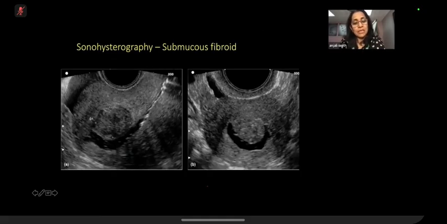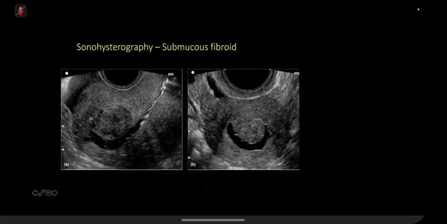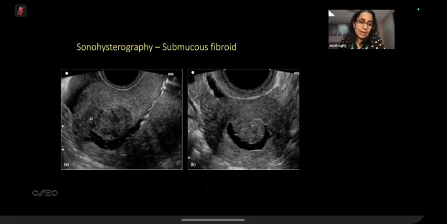Essentially what we do is we introduce a catheter, position it in the cervix, and instill normal saline into the uterine cavity, and simultaneously do a transvaginal scan. So endometrial abnormalities like endometrial polyps, carcinoma, and things like a submucous fibroid projecting into the endometrial cavity will be beautifully depicted against the fluid background. It's just for you to be aware of sonohysterography, which is widely practiced.